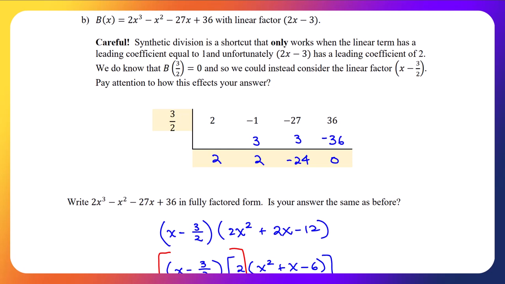Now, if you were paying attention, you'll know that for synthetic division, I cannot divide by 2x minus 3 because I have to have a 1 as the coefficient. Well, one way to look at this is if I take 2x minus 3 and I do something very strange, I factor a 2 out.